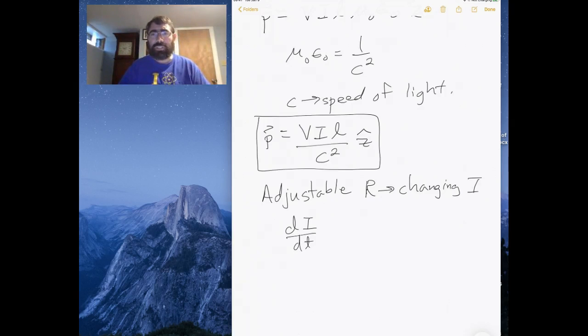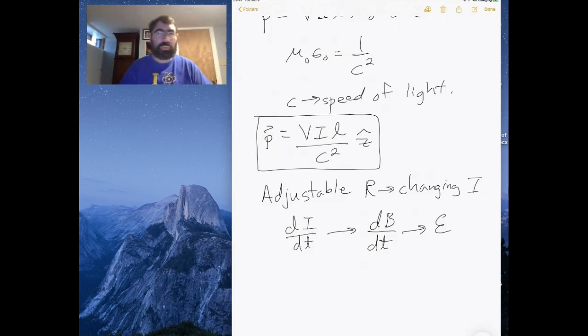Now, current is related to the magnetic field. If I have a current flowing on the conductor, that's going to create a magnetic field. A changing current is going to lead to a changing magnetic field. A changing magnetic field means I have a changing magnetic flux, and changing magnetic flux means I'm now going to create an EMF, or a potential. I'll have an induced potential in this particular case.